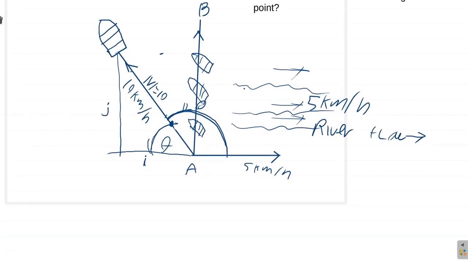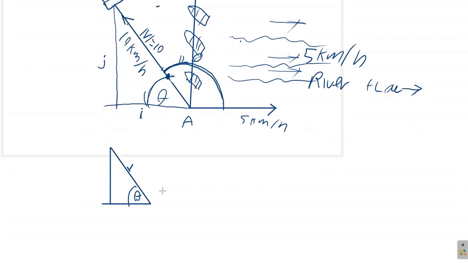Alright? So what you have now is this. You have V, the vector representing the movement of the boat. You have this angle, call this angle theta. Now you know that the horizontal component is represented by i, the vertical component by j.